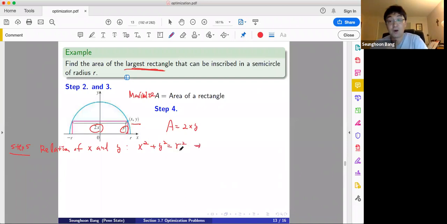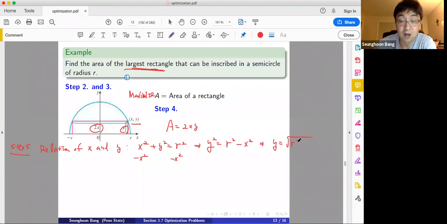Solve for y squared by subtracting x squared from both sides, so y squared equals r squared minus x squared. Taking the square root, y is the square root of r squared minus x squared or negative the square root of r squared minus x squared.